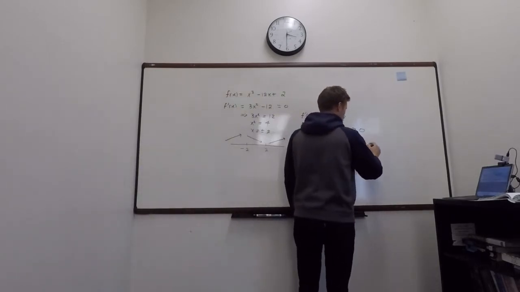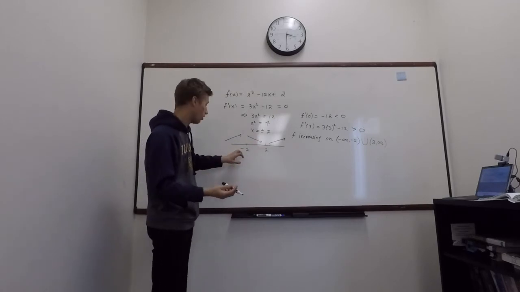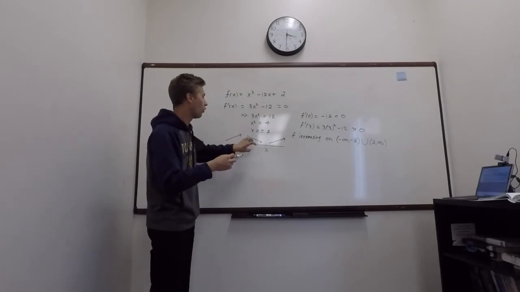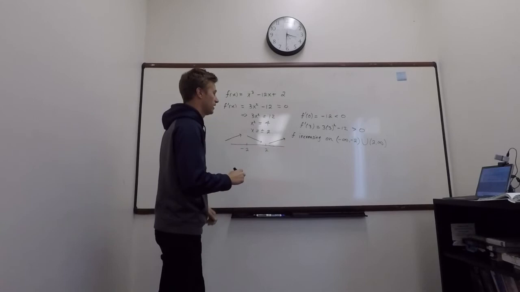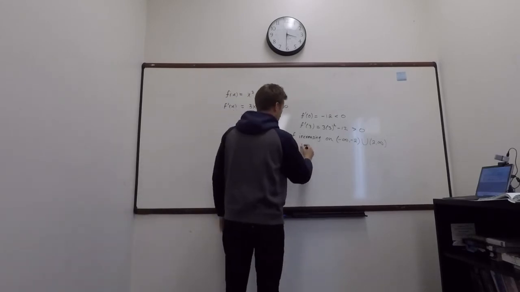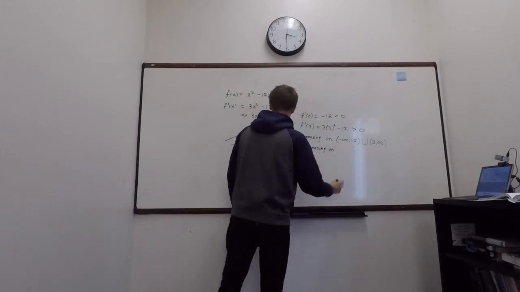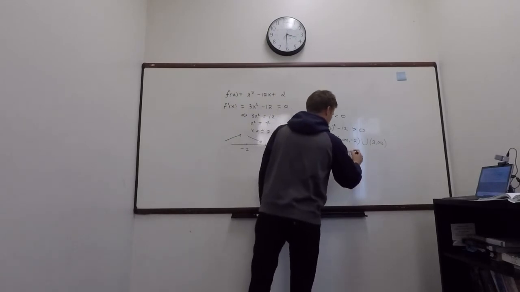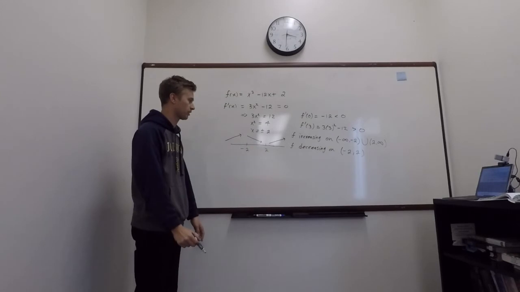So I'm going to put union 2 to infinity. Union means or. So the function is increasing on this interval or this interval. Okay, very well. Similarly, f is decreasing on, it's only decreasing on this interval, negative 2 to 2.